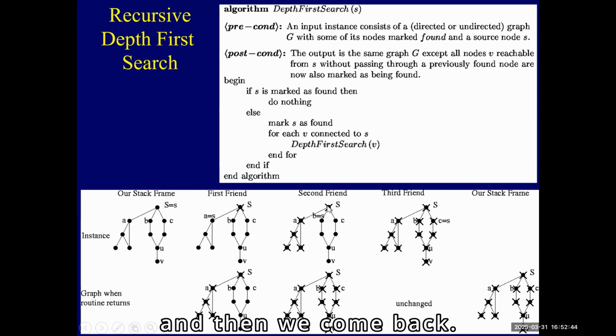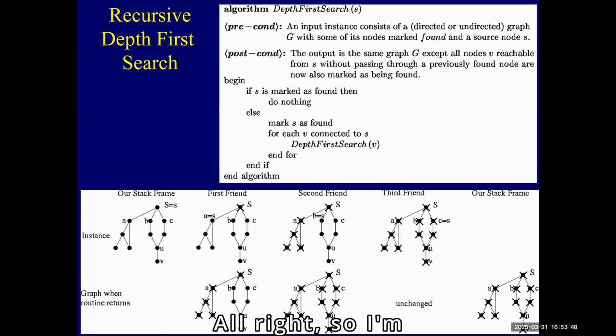And then we come back, and it's me again. So my friend did all of that. And then I come down to my third neighbor, and I say, hey, friend, recurse from here. And what does this friend do? He says, dude, I'm on breadcrumbs. You sent me down to a breadcrumb. That's no fun. And so he returns. And now I've done all my neighbors, so we return. Does that make sense? Yeah?